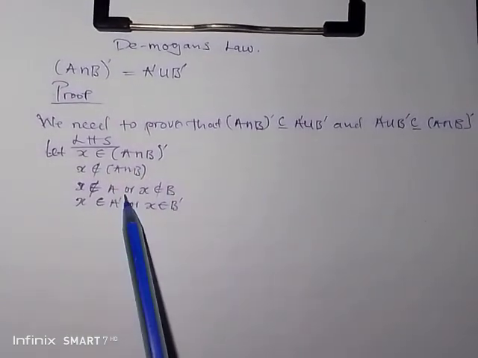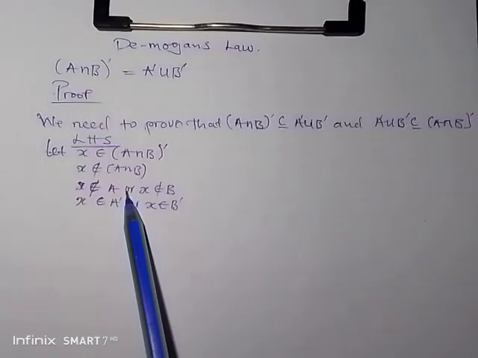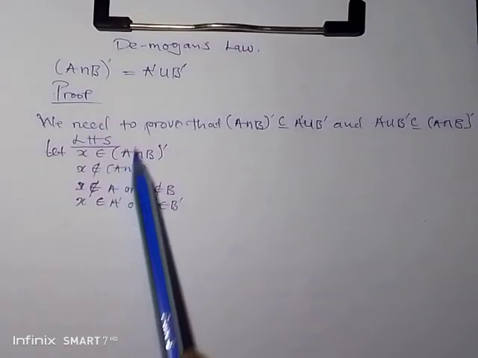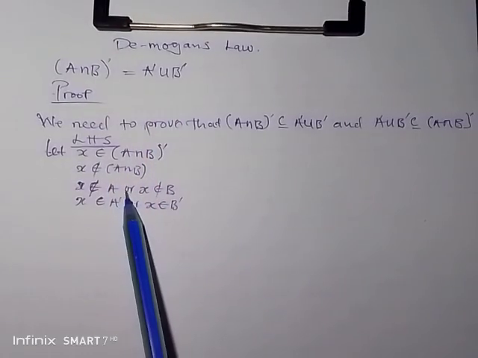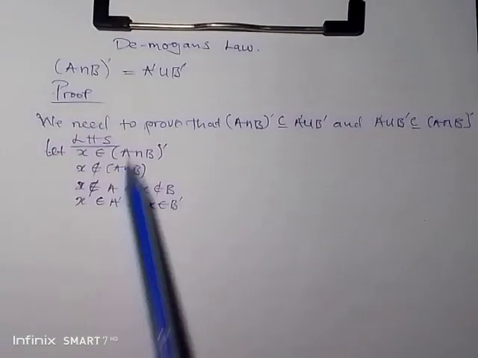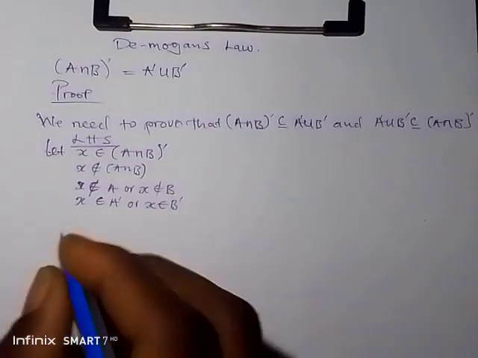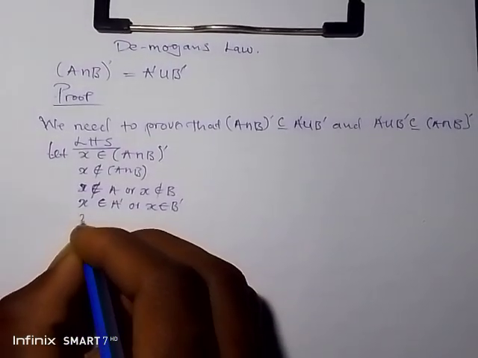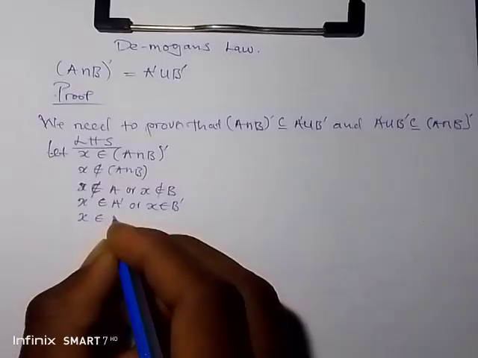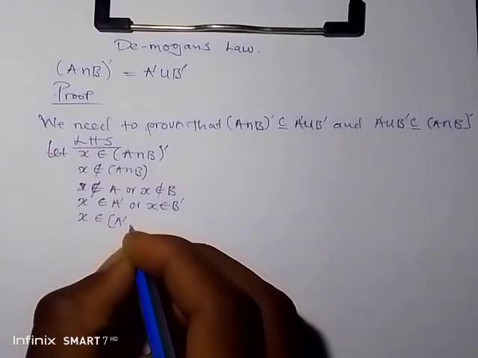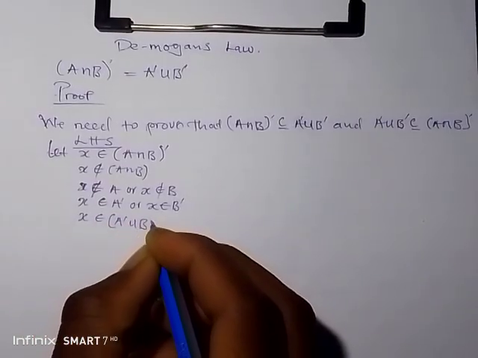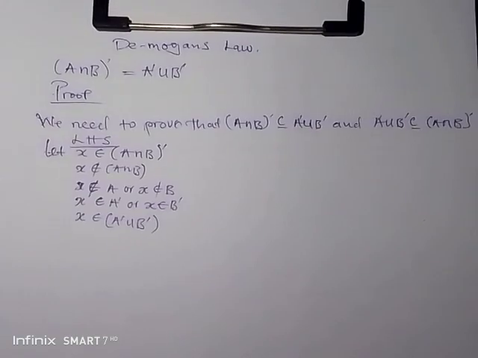You need to use a suitable word. To change an intersection to union, we use the word or. To change a union to intersection, we use and. So we are going to say X is a member of A complement union B complement.